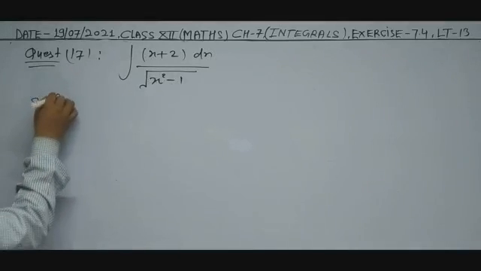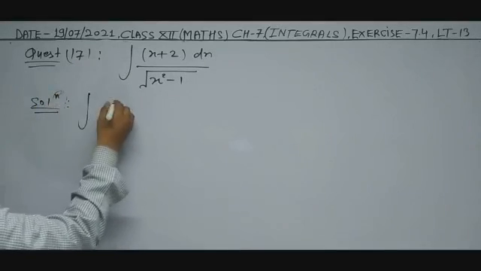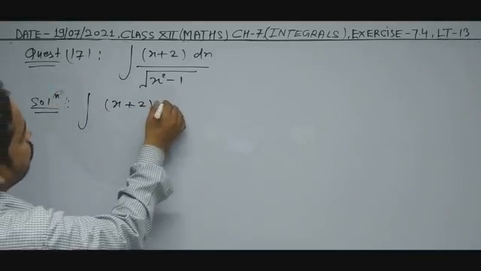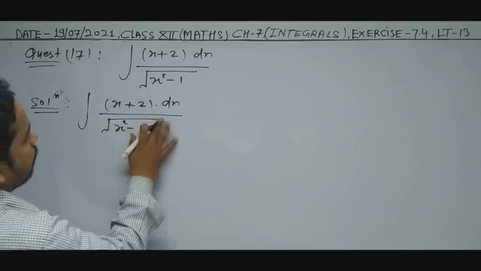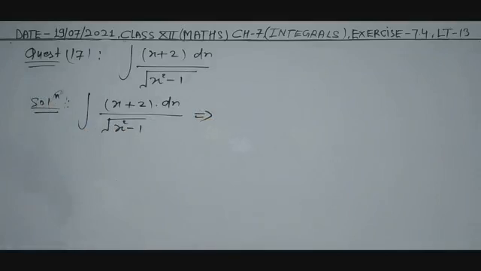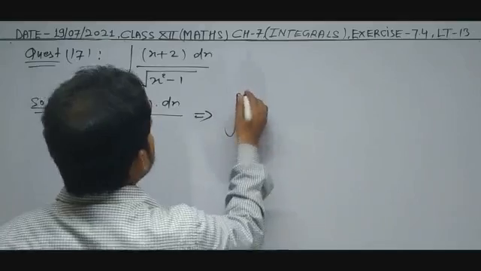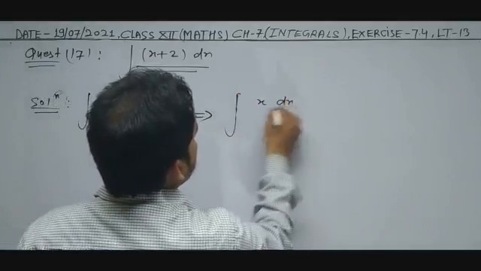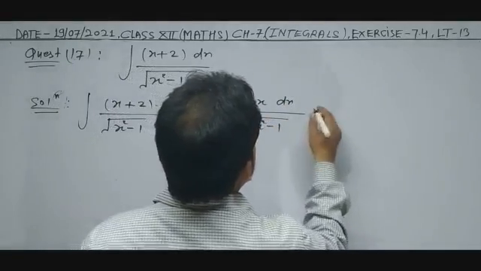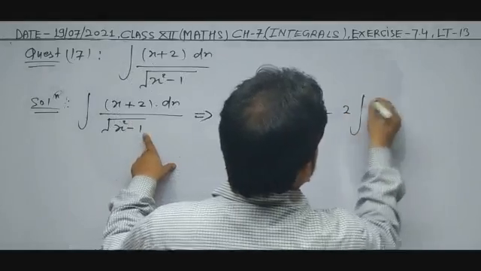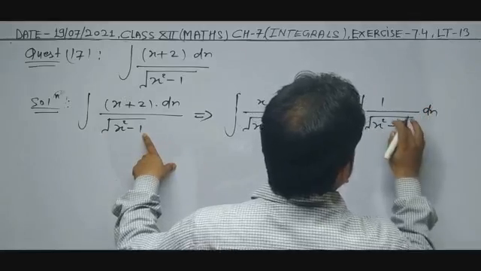So see the solution. First of all, write the function which we have to integrate. x plus 2 dx whole upon root over x square minus 1, and this integration we can write as a single integration in terms of two integral parts: x times dx whole upon root over x square minus 1 plus 2 times integration of 1 upon root over x square minus 1 dx.